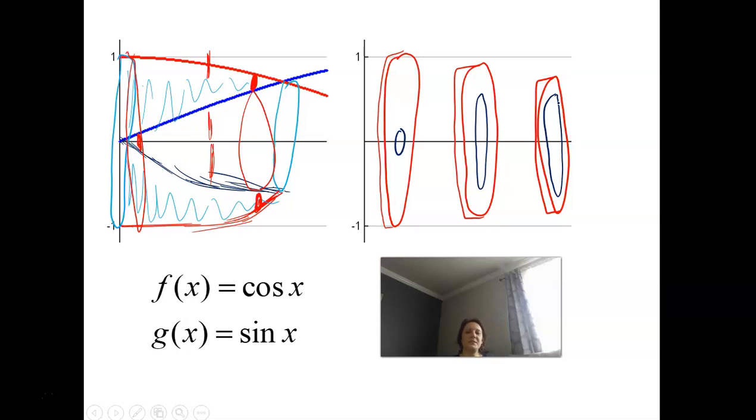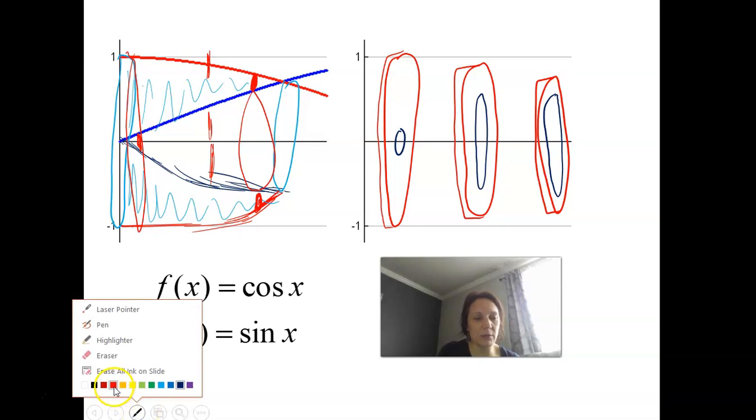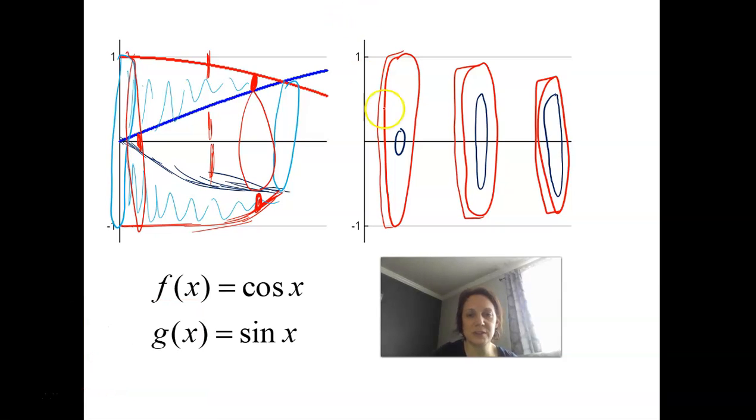But what I want you to see is that even though the way the slices look is changing, there are some things that are staying consistent. That outer shell, the outer edge of each slice, is always, always, always dictated by the same function. It's always the cosine that's determining where the outer edge of my cylinder is.